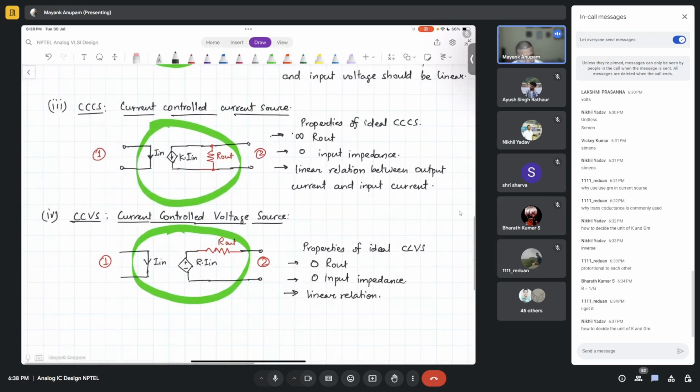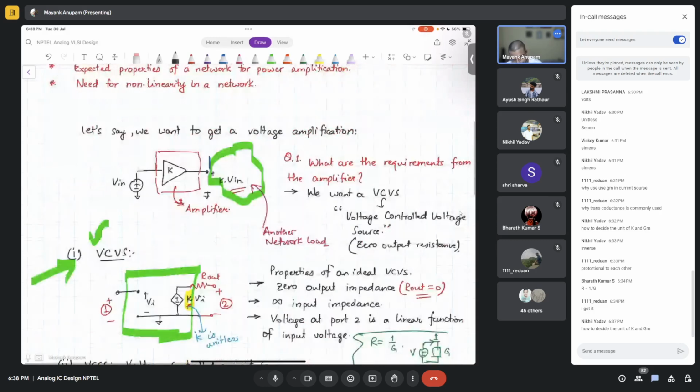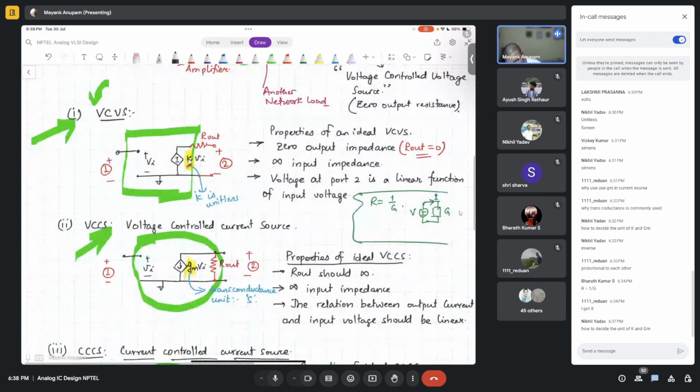Nikhil has asked me how to decide the unit of K and Gm. See, what is the relationship between input and output here? The output is a voltage, the input is also a voltage, and these two voltages are related by a proportionality constant.